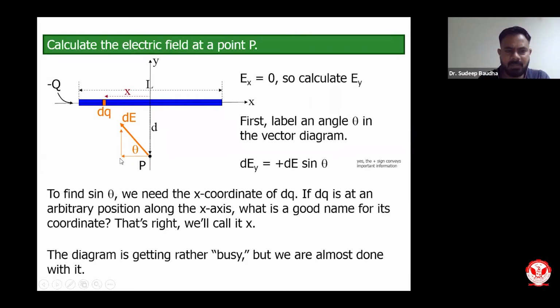But if you talk about Ey, it will always be in the vertical direction. Because of that, you can always say that the Ex component will be 0 and the Ey component will be what contributes to this particular electric field.